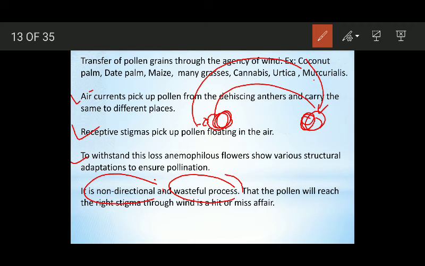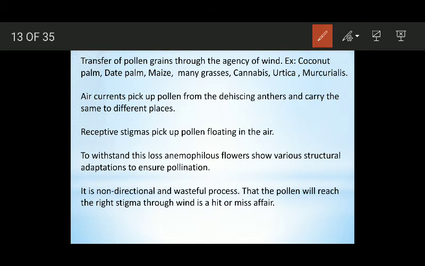So it does not always happen in the same direction. It can happen in many directions. This is what non-directional and wasteful process means. A large number of pollen grains are lost. So the chances that a pollen grain will reach the right stigma are least.